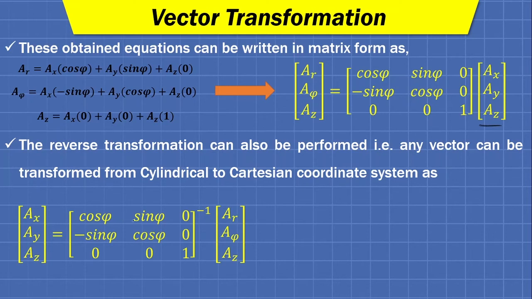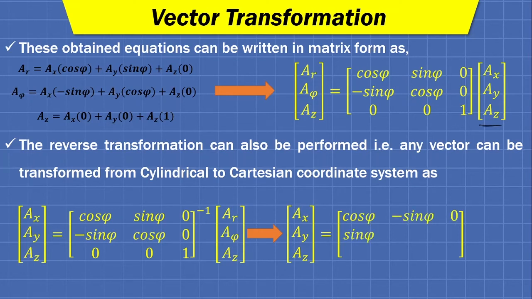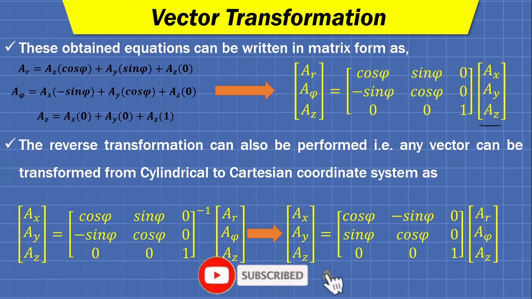So the same matrix inverse multiplied by AR, A phi, AZ will give you the reverse transformation. If the vector is given in cylindrical form, that means AR, A phi and AZ are known, then we can find AX, AY and AZ with the help of this matrix. Simplifying this inverse, we have AX, AY, AZ equals cos phi, minus sin phi, 0, sin phi, cos phi, 0 and 0, 0, 1.